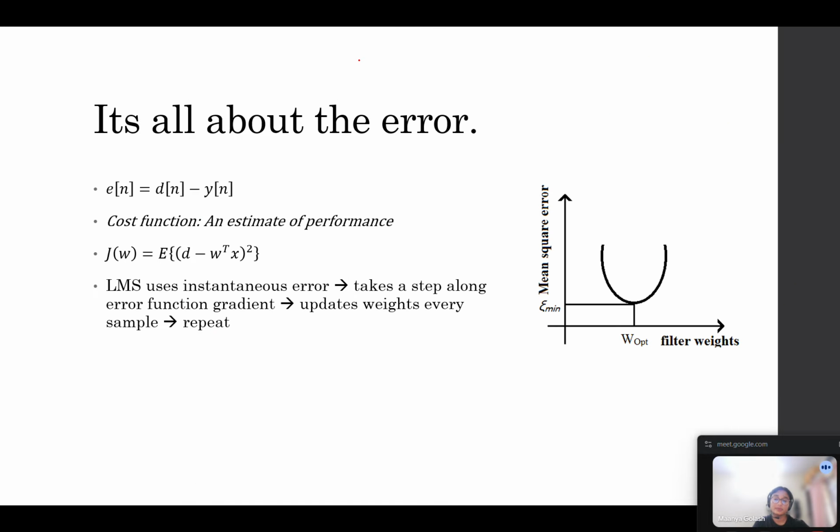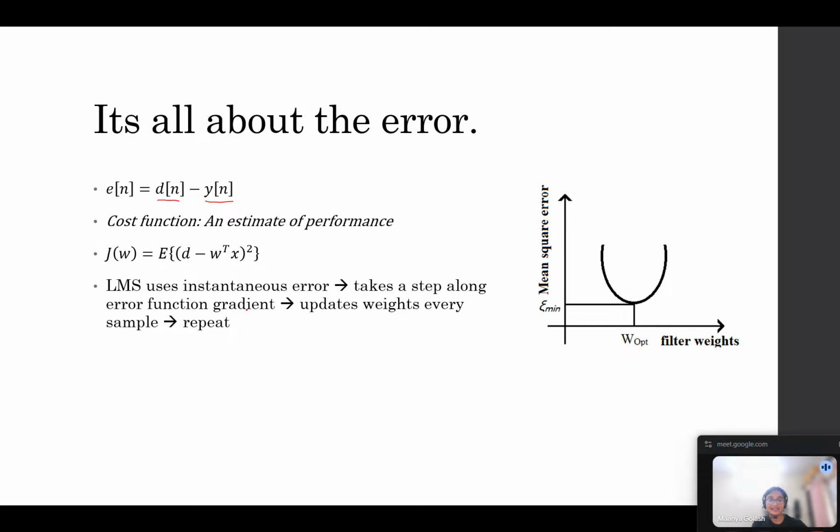Now, like I spoke before, the goal of this technology is to minimize the error given by the desired signal minus the previous filter output. How they do that is using a cost function. In this case, the cost function is a least mean square function, and they do that using the gradient.